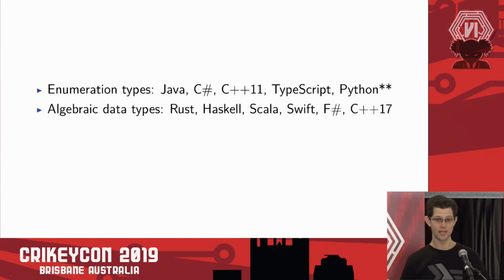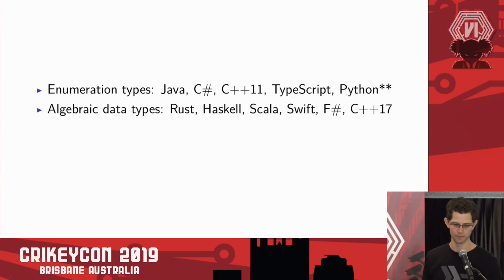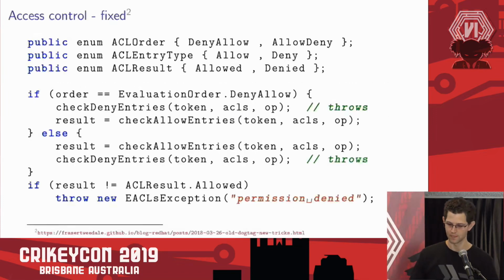Python has enums. They're strictly typed, so they don't compare equal with integers or Booleans. But of course, it's dynamically typed, so it's going to end up being a runtime error rather than excluding a program at compile time. And on the bottom line, programming languages like Rust, Haskell, and so on let you go a lot further along these lines with full algebraic data types.